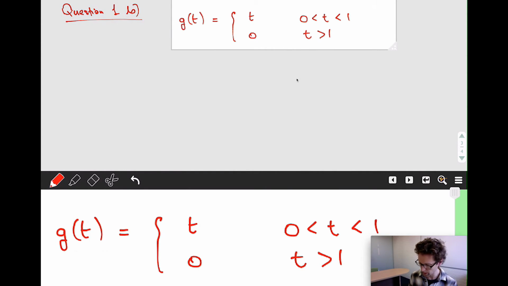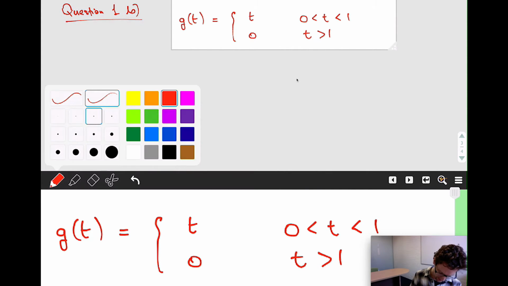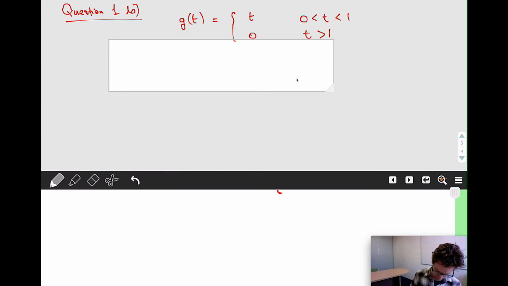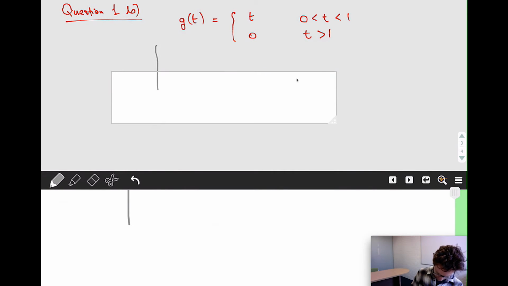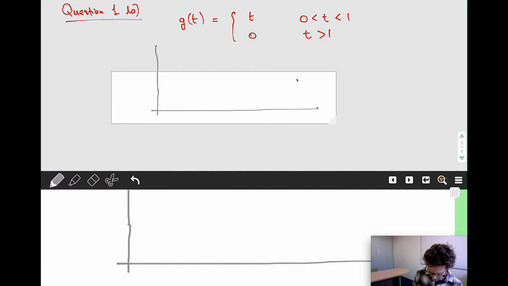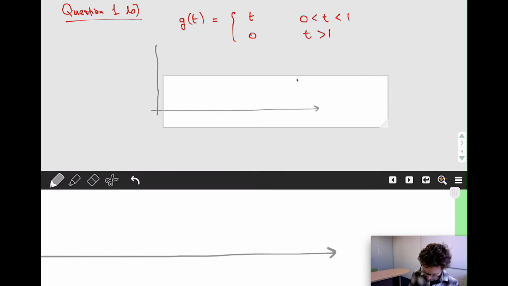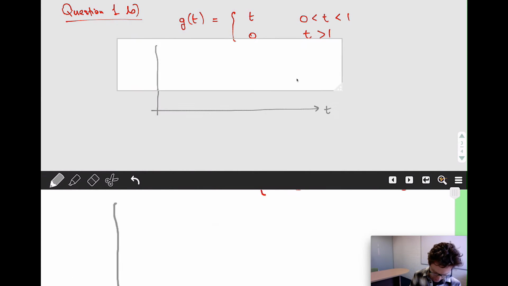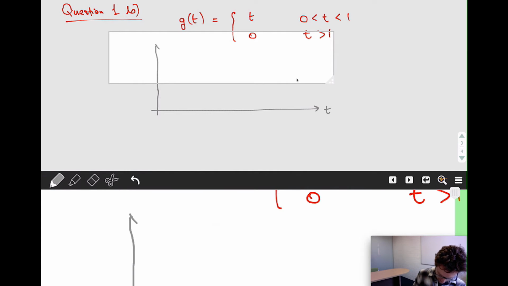So the first question we need to address is sketching what this thing looks like and using that sketch then to write this in terms of the Heaviside function. So let's sketch it as a function of t. As always with these Laplace problems, we're really only interested in positive values of t, so I don't need to worry about negative t.